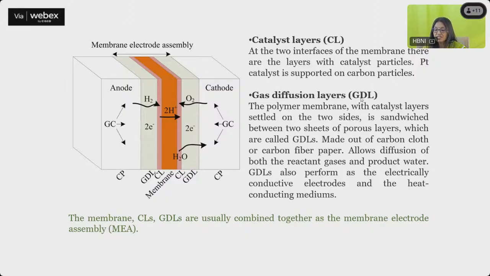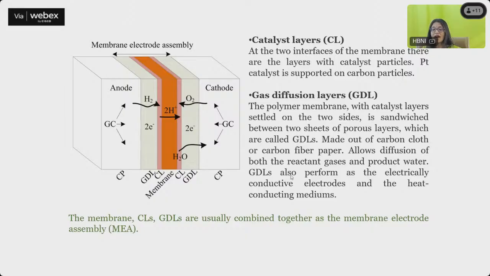And then you have these gas diffusion layers. A polymer membrane with catalyst layers settled on both the sides is sandwiched between two sheets of porous layers, which are called the GDLs. GDLs is nothing but gas diffusion layer. And this is going to allow the diffusion of both reactant gases and the product, which is water in this case.